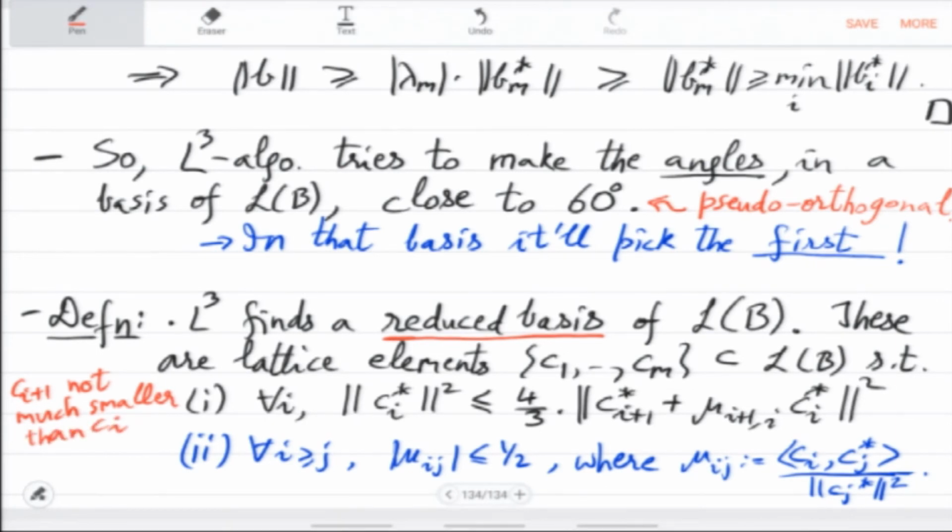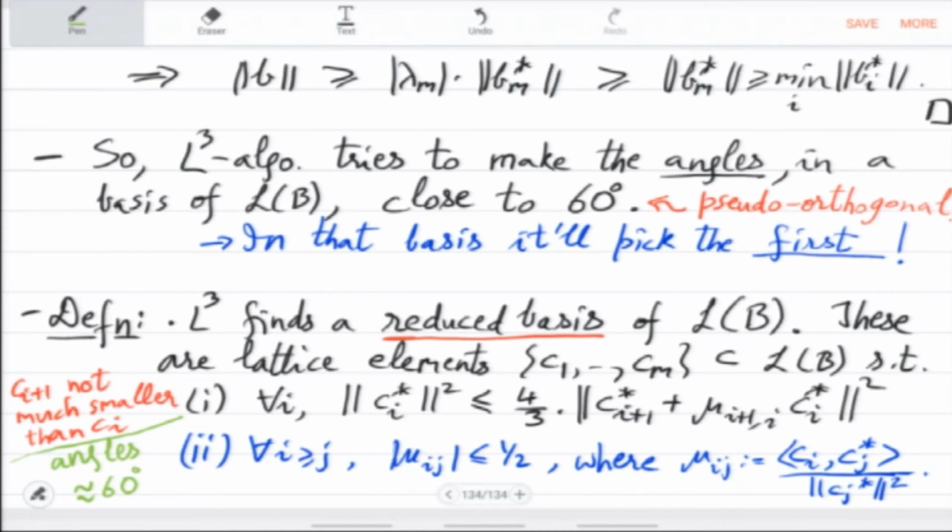And the second condition is saying, if you think of mu ij as cos theta, then cos theta less than or equal to half, or around half, would mean theta is around 60 degrees. So angles around 60 degrees. Okay, so this is what we define as a reduced basis.